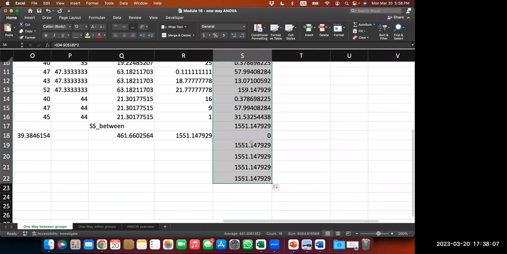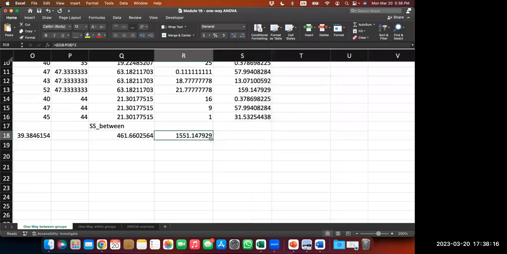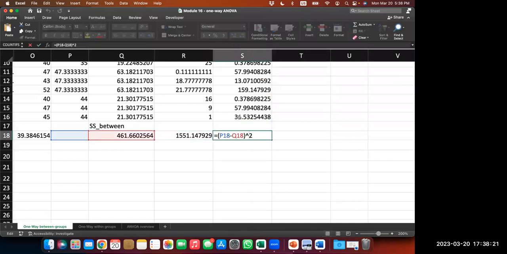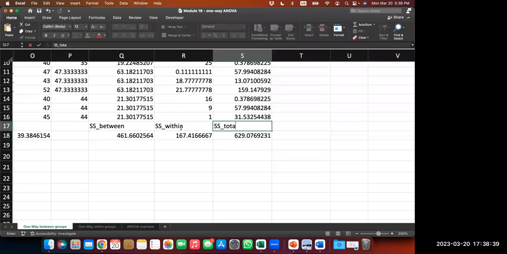And also propagate all the way down. That does not seem right. So now taking the sum all the way to the right gets us the sum of squares. So that's the sum of squares within. That's the sum of squares total.